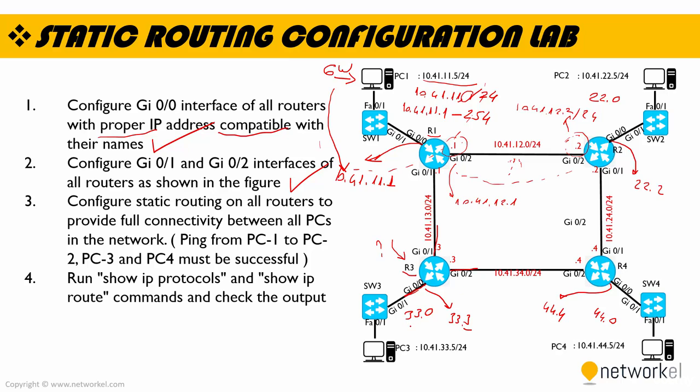So I don't need to tell router 3, hey, if you have a packet whose destination is the 33.0 network, send the packet to somewhere. Because the router already knows it. The router says that on my Gig0/0 interface, I already have the 33.0 network.